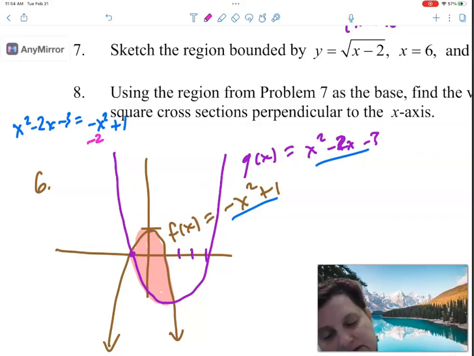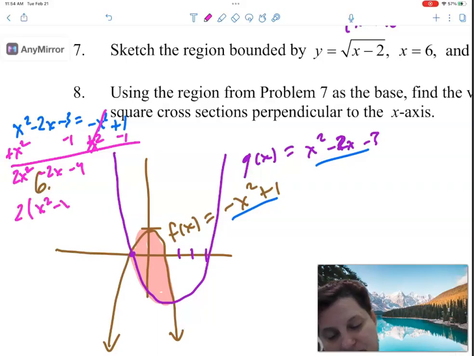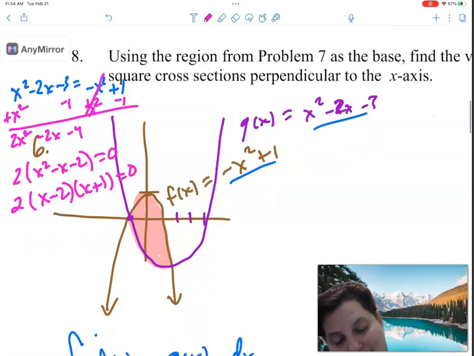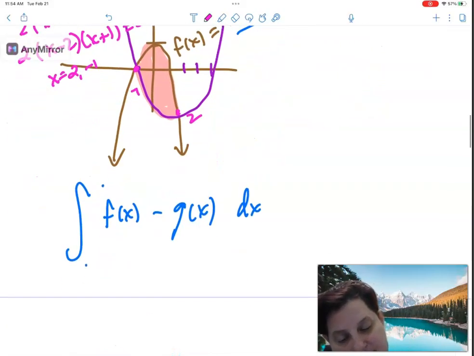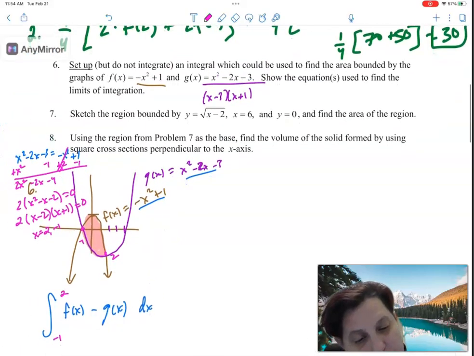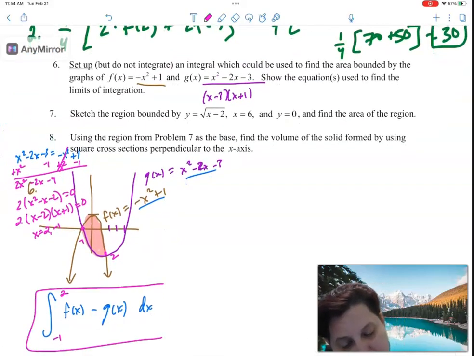If I add this over, I get 2x squared minus 2x, and if I subtract that over, I get minus 4. If I factor out a 2 and continue factoring, this is x minus 2, x plus 1 equals 0. So x equals 2 and negative 1. So that goes from negative 1 to 2. Set up but do not integrate. All right, perfect. That's it.